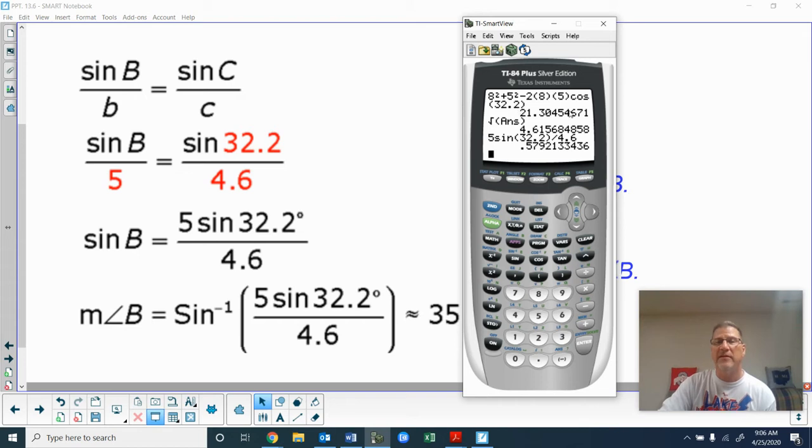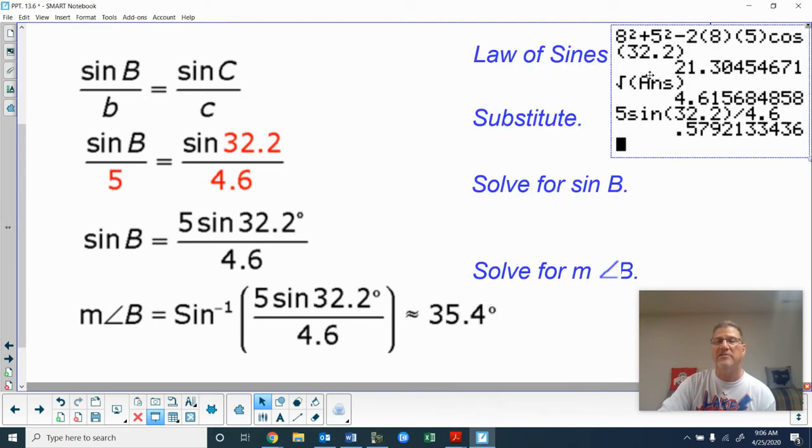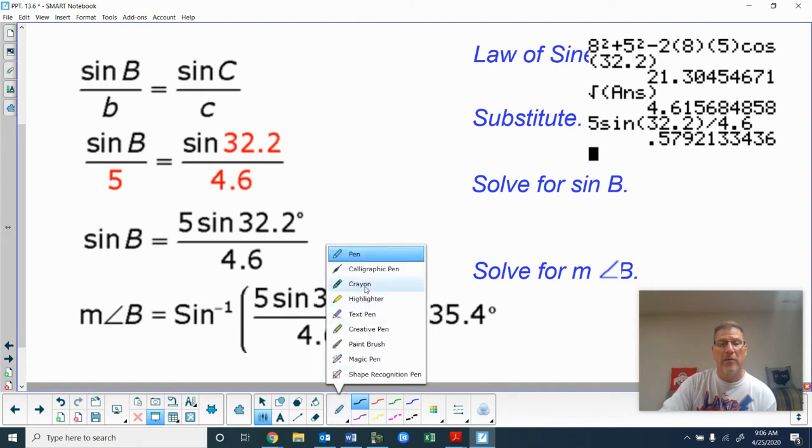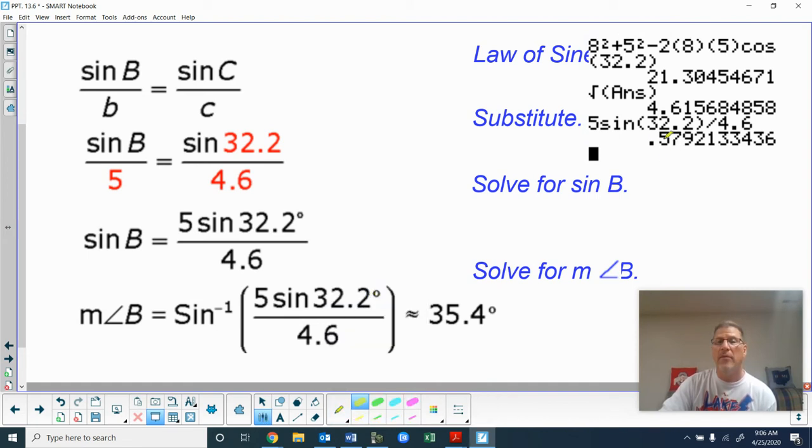I'm just going to put that over here so you guys can see it. I'll highlight it. That's the answer to this problem, so we'll draw an arrow there. Get back to my pen. That answer is right there.